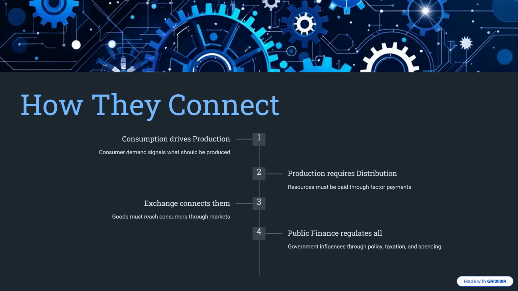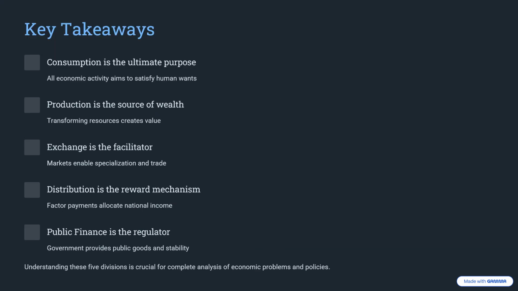Consumption drives production, production requires distribution, exchange connects them, and public finance regulates all. These are the key takeaways from this presentation. Consumption is the ultimate purpose of all economic activity, aiming to satisfy human wants. Production is the source of wealth, transforming resources to create value.